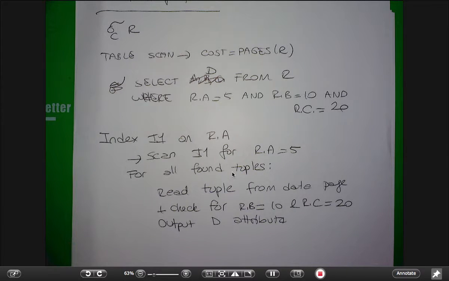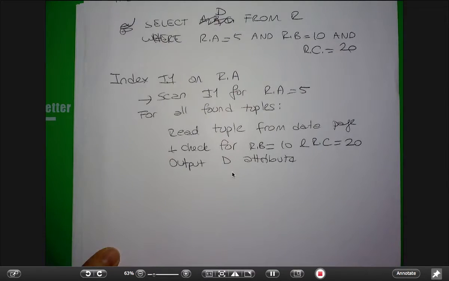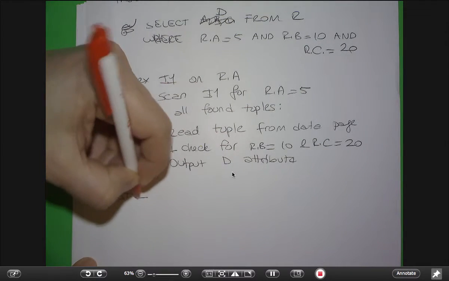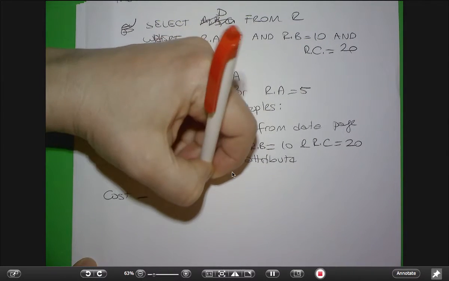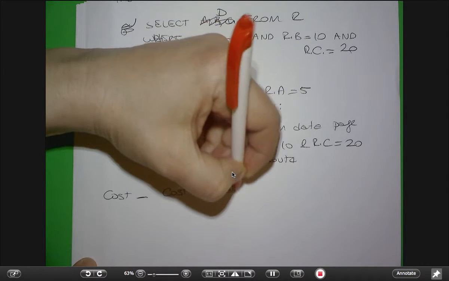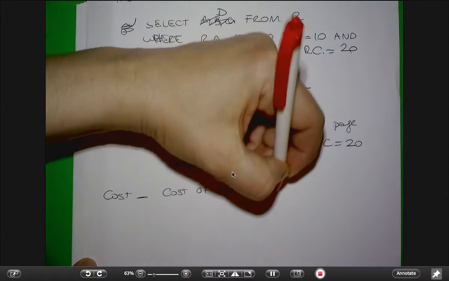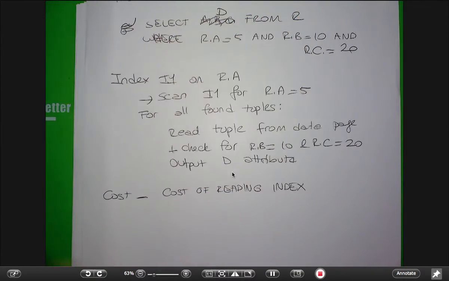So the cost of doing this is a little bit tricky, right? Because first you have the cost of reading the index, which will depend on how many tuples there are that match A is equal to 5. That means how many leaf nodes you scan and what's the depth of the tree, right?